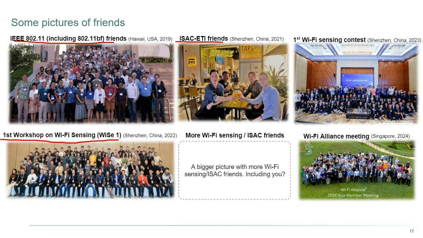And the Wi-Fi sensing contest last year, 2023 in Shenzhen. And this picture was taken last week in Singapore, at a Wi-Fi Alliance meeting. So I have empty places here to leave for future pictures with more ISAC and Wi-Fi sensing friends, maybe including you guys. I am willing to work together.